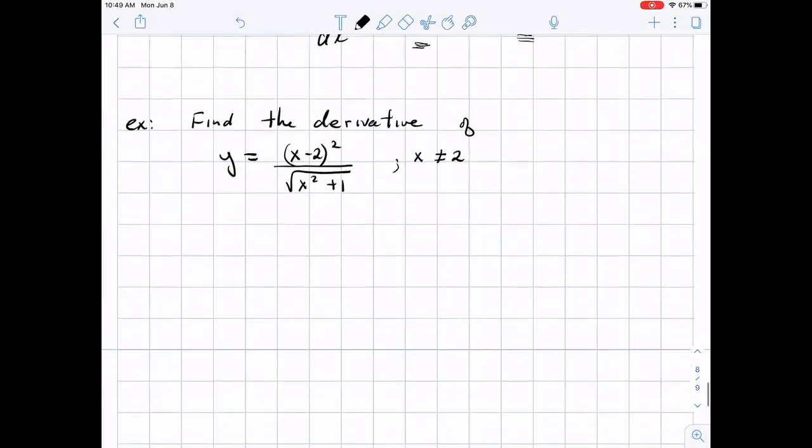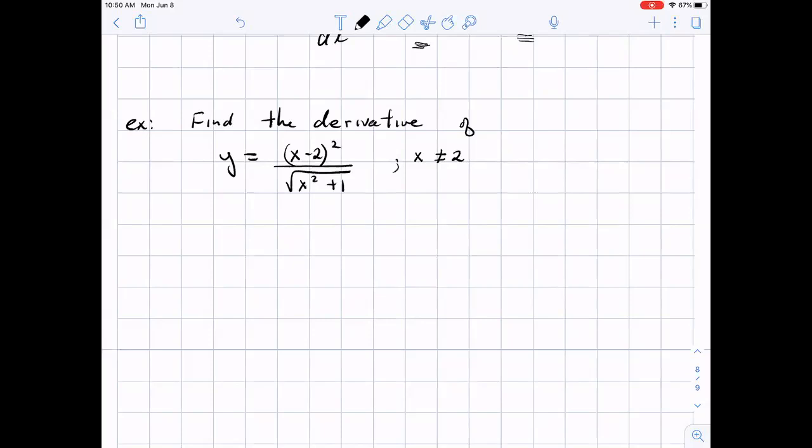Now, you could go ahead and use the quotient rule here, because it is a fraction. Anytime you have a fraction, you could use the quotient rule. If you look back in the prior video or notes, we talked about the quotient rule. Alternatively, you could use logarithmic differentiation.